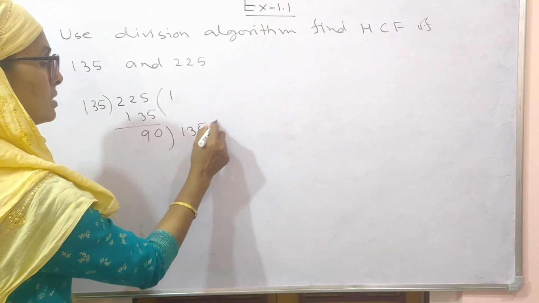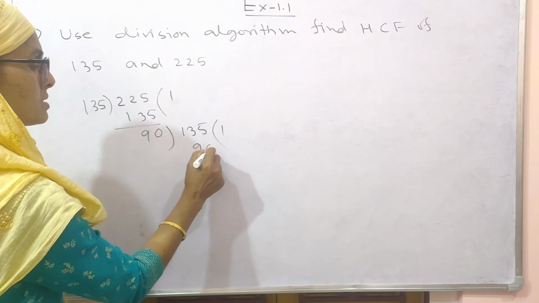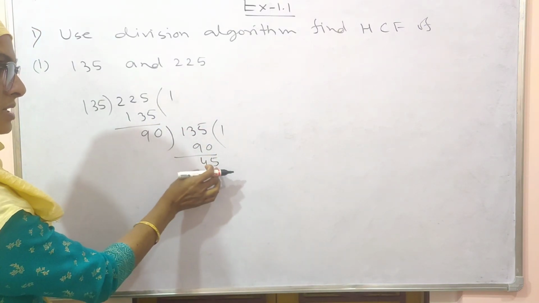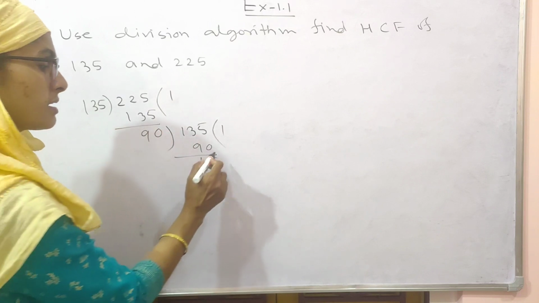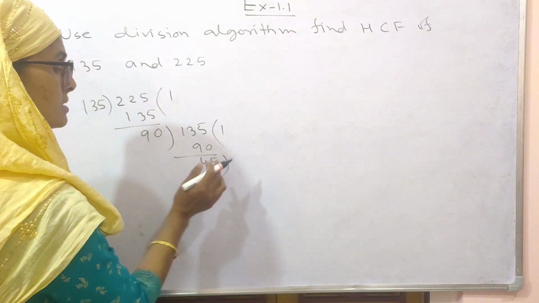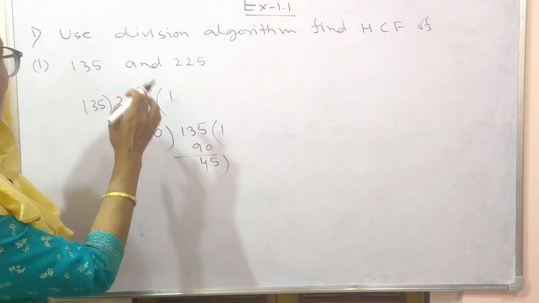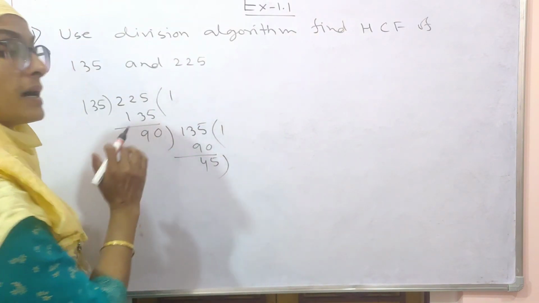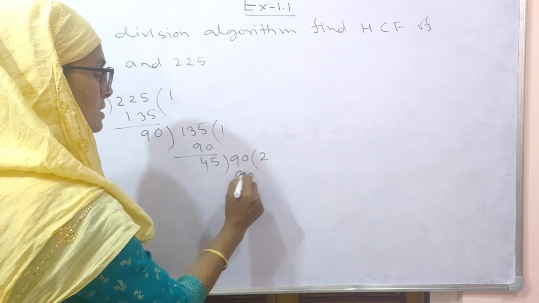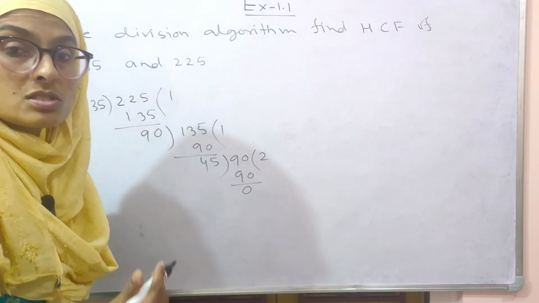This is the rule. How many times? 1 time. Again subtract, you get 45. Again this one is less than this, so this one is the remainder. Again divide the previous remainder 90 by this. How many times? 2 times 90. So you will get remainder 0.